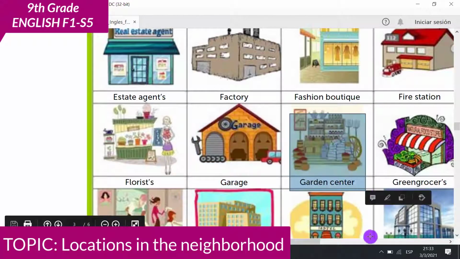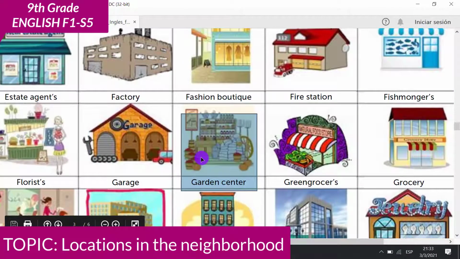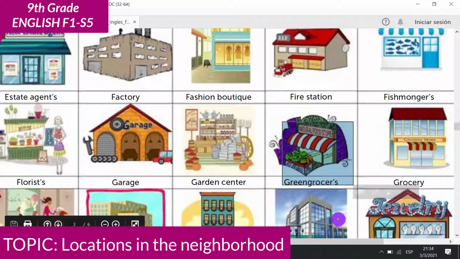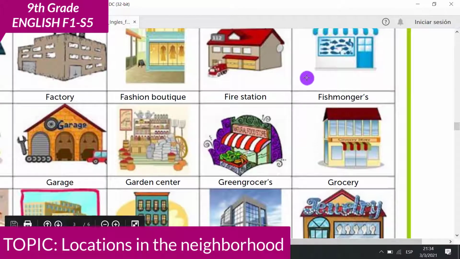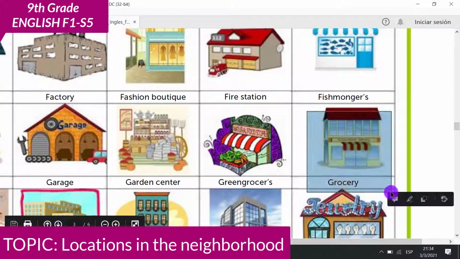Garden center, similar to agroservicio. Greengrocers es una venta de comida natural o de cereales. Grocery, tenemos una venta de granos básicos.